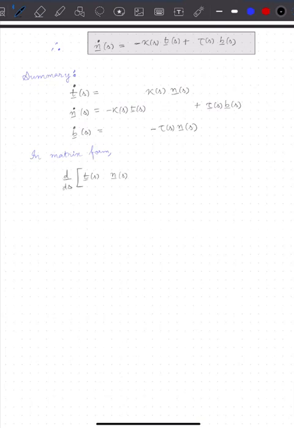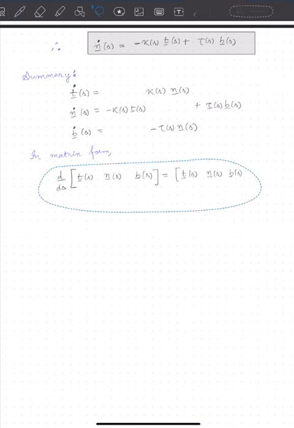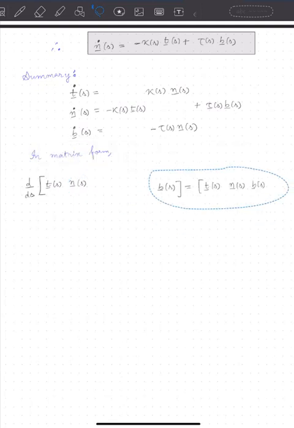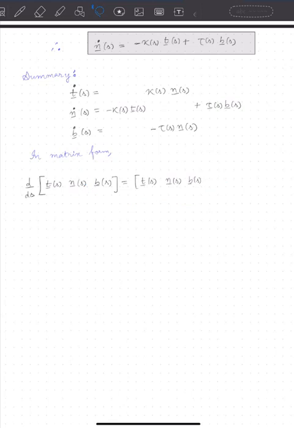So let's look at d by dS of T, N, B vector. The first row is equal to 0, kappa of S, 0.